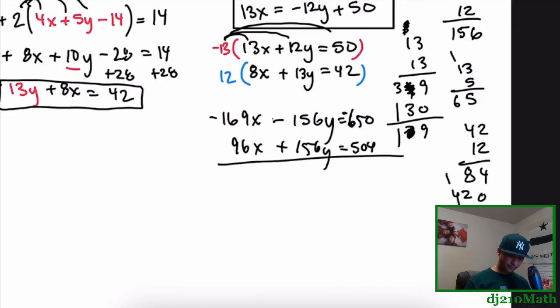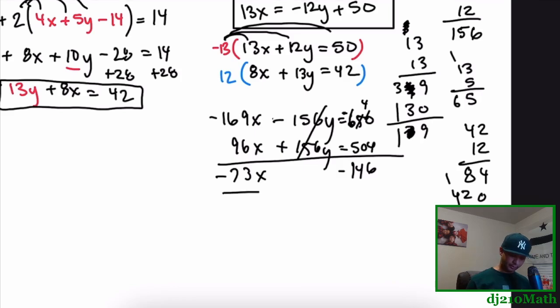Okay, so when we add 169, negative 169 plus 96, negative 73. The y's cancel, and we add, we're going to get 146, I'm sorry.